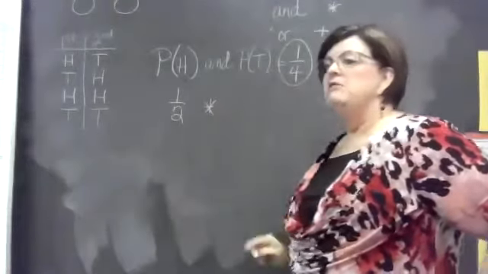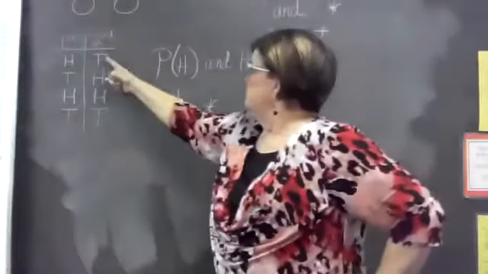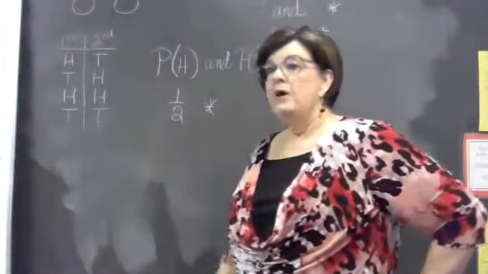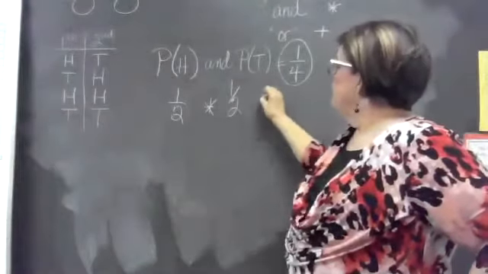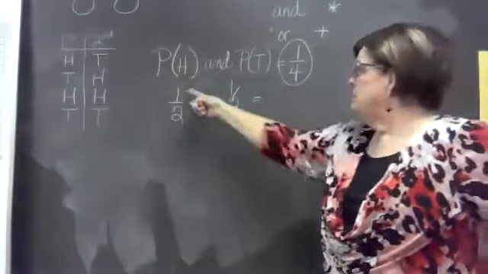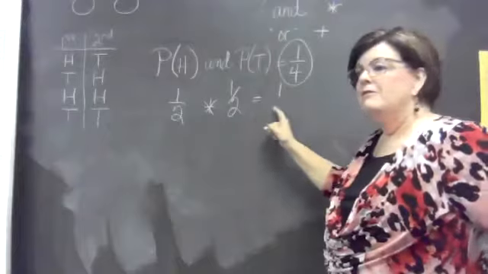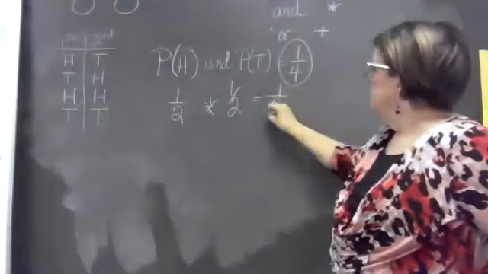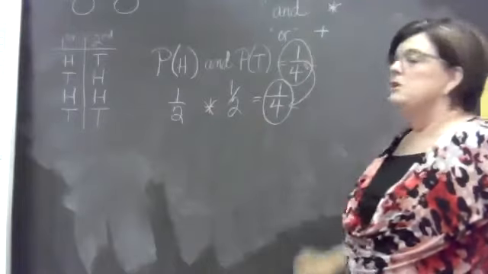What's the probability of getting tails on the second coin? 2 out of 4, which is 1/2 again. When we work it that way, what do we get? 1 times 1 is 1, 2 times 2 is 4. So either way, whichever is okay with you, you're still going to get the same answer.